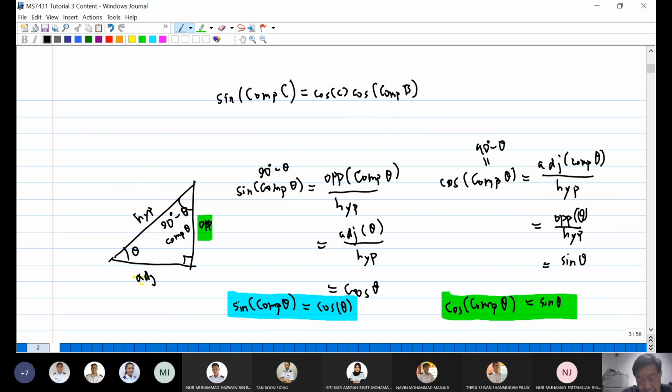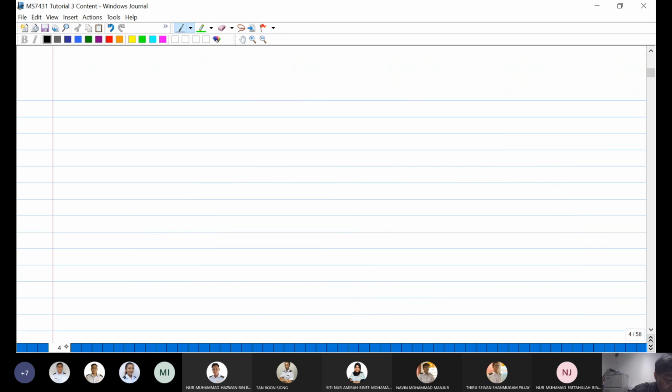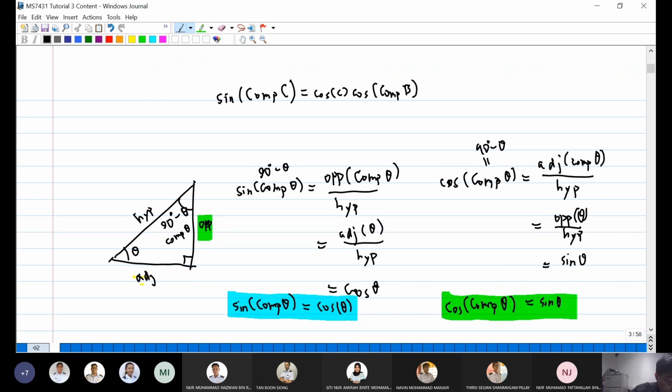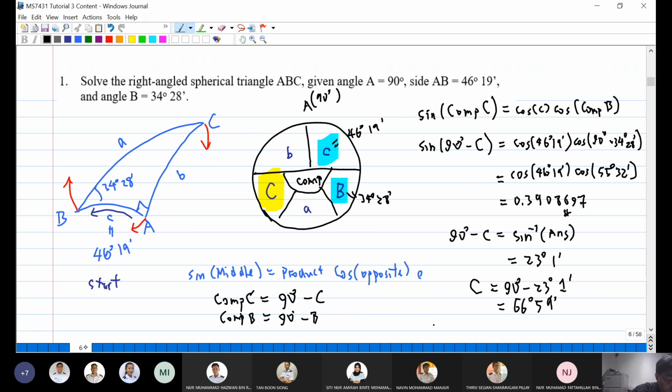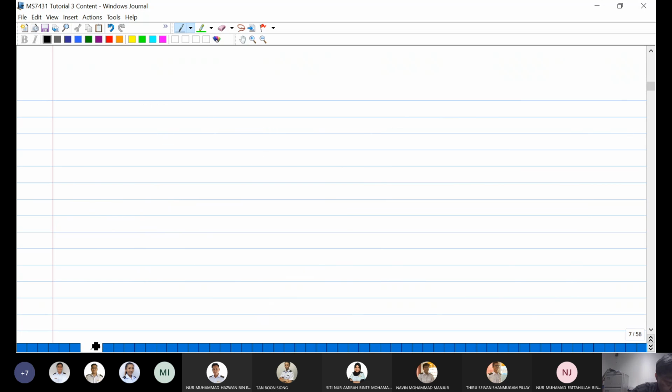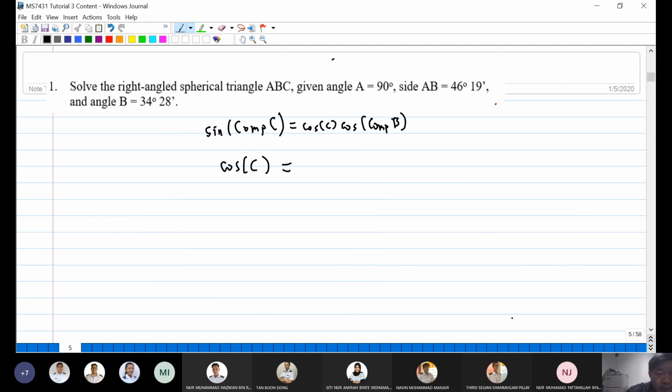Sine of co-theta is cosine of theta, the blue color one. So I use the blue color formula here.